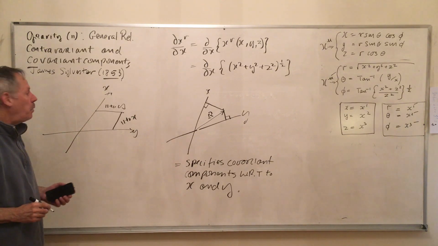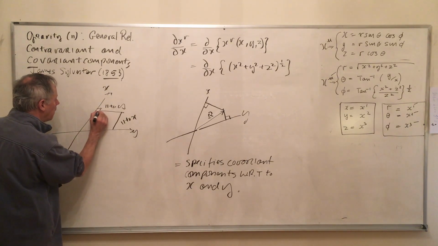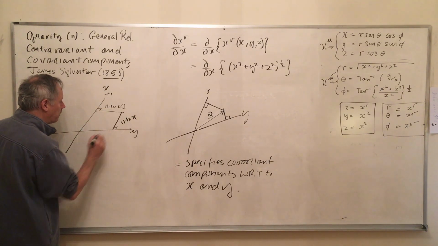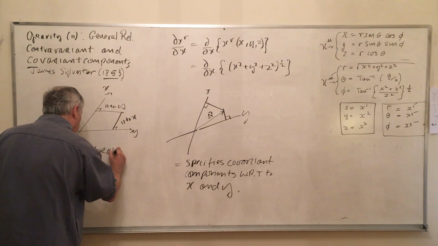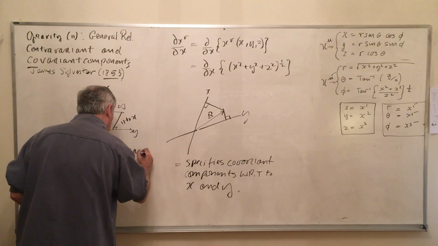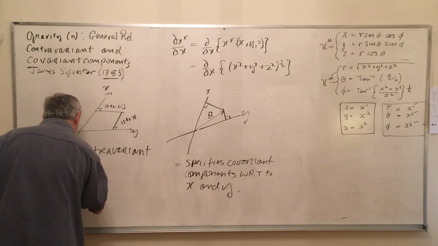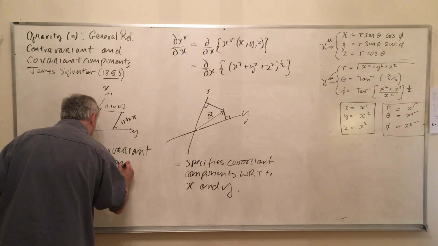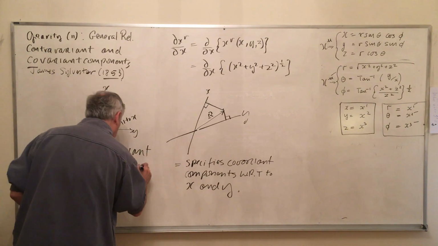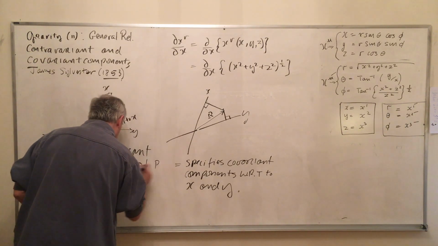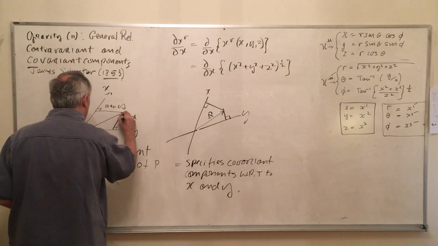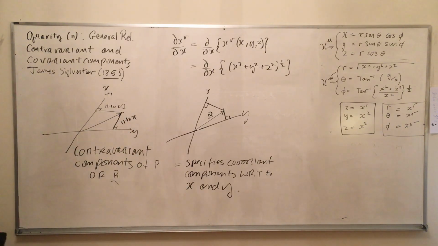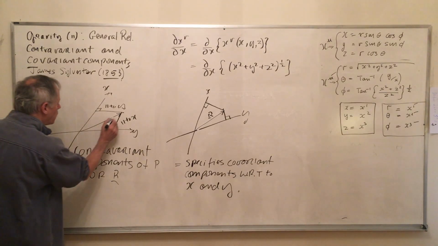I can still find that point, but this is no longer a right angle. This is no longer a right angle. These are the contravariant components. The same position vector.